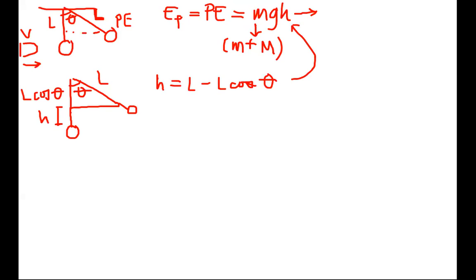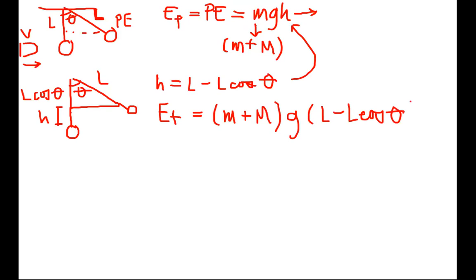So using that, we know that energy final, the energy at the final point, is equal to (m plus M) times g times (L minus L cosine theta). That is our equation for the energy at the final point of the swing.